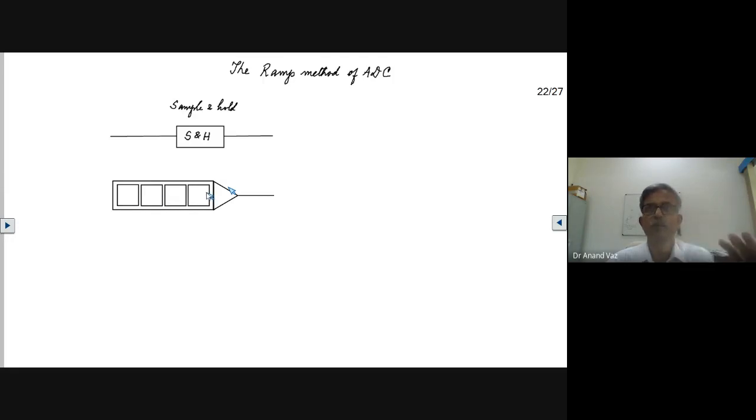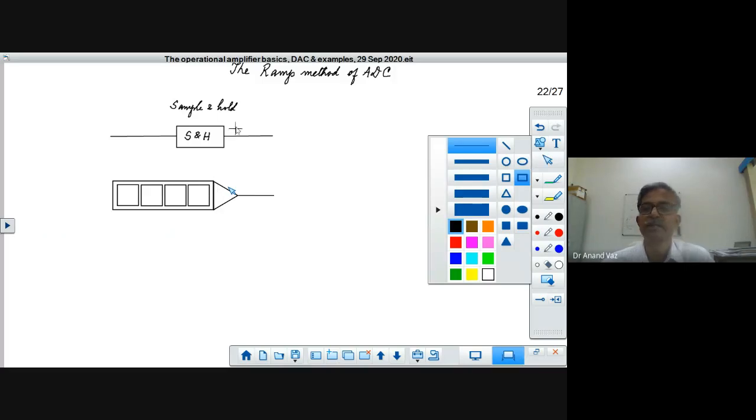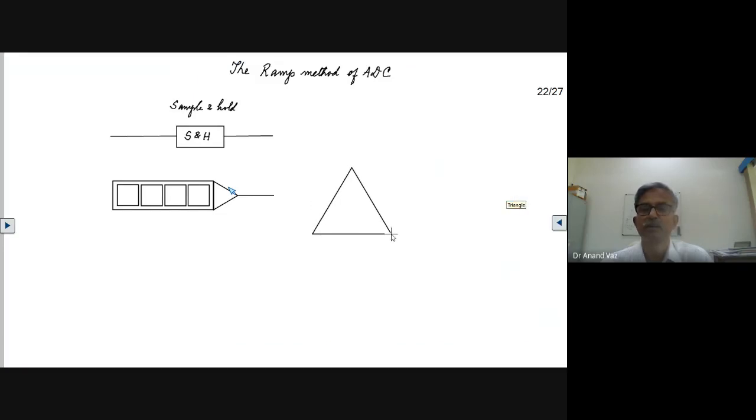So it's a 4-bit digital to analog converter in this example, just to illustrate the ramp method of conversion. Here we will make use of an operational amplifier. We'll compare these two signals using an operational amplifier.